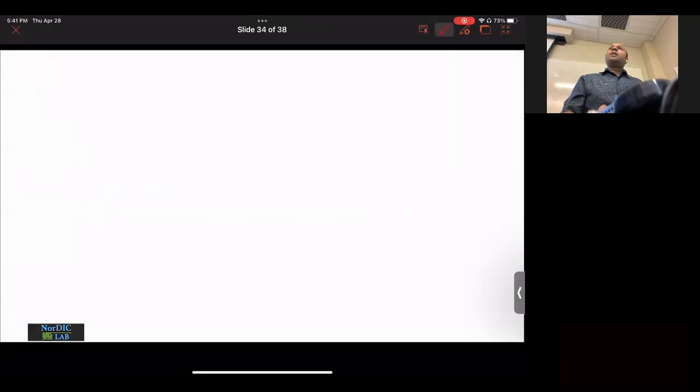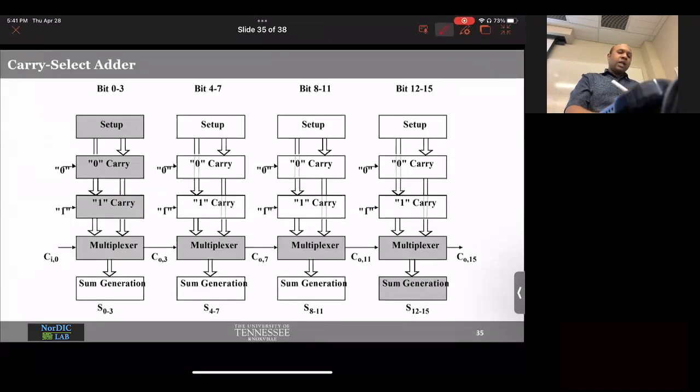Same thing remains here as well. Can you select between 1 and 0 somehow? Or we cannot tell because we are not sure. Then propagate. See, the option to propagate is still there. You still have the propagation chain. But if for some reason you're able to predict whether this carry will be 0 or 1, you just select it. You don't propagate it at all.